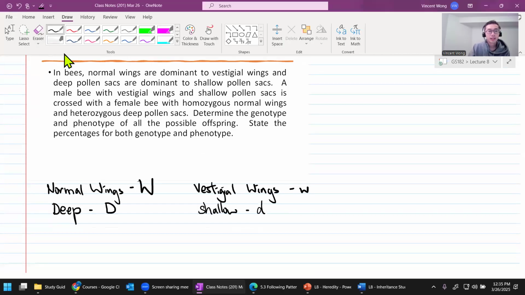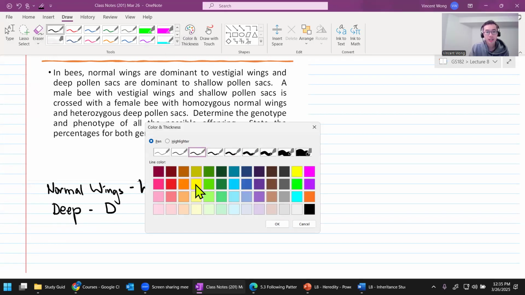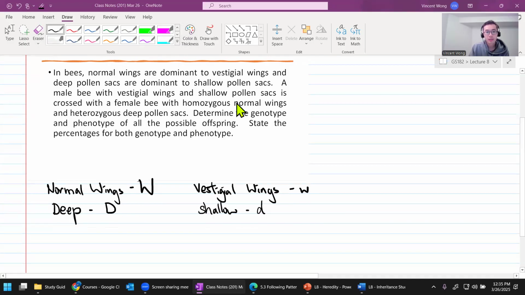Right? So we have a male bee and a female bee. Let's take a look at the male bee first. What's going on with this male bee? It has vestigial wings and shallow pollen sacs.